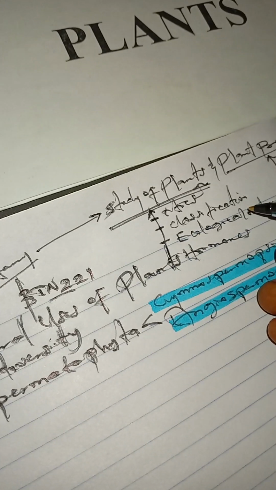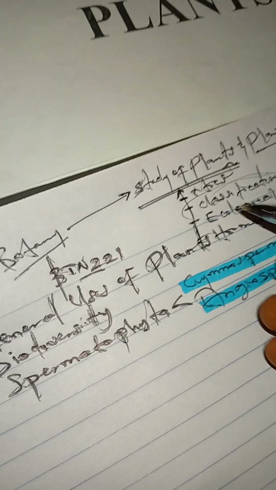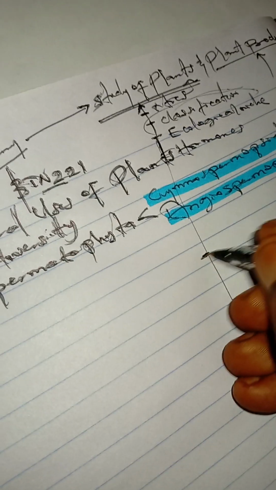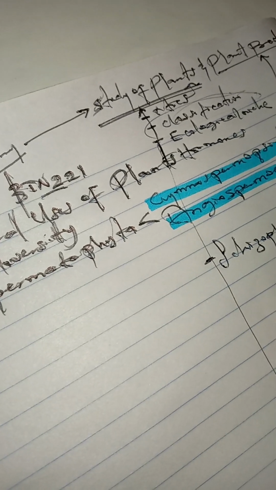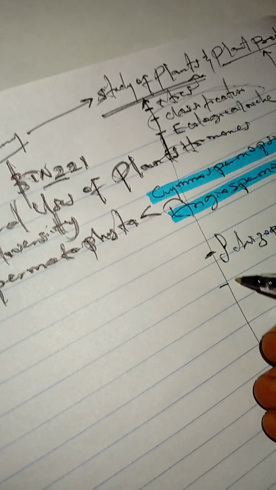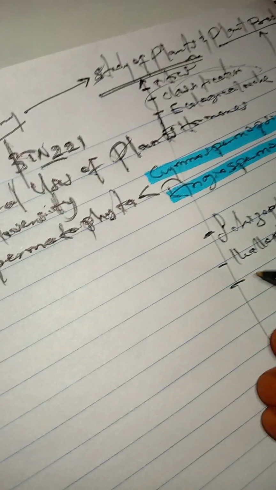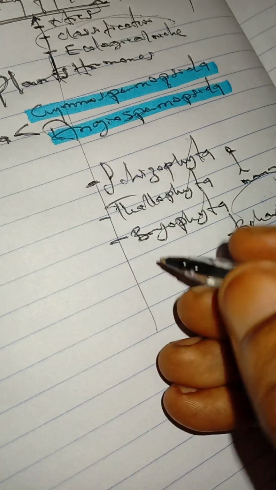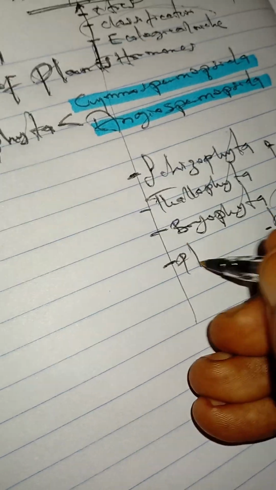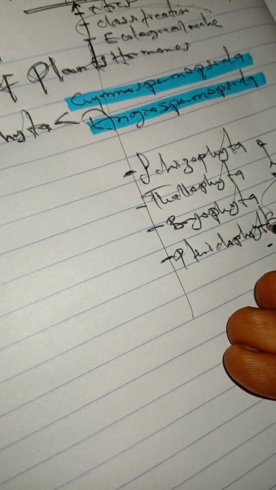Now, the factor that concerns classification of plants, which is among the essence of what we are looking at in this course. Classification of plants here, majorly we begin from the schizophyta, we move to the thallophyta, then we move to the bryophyta. From bryophyta, we move to the pteridophyta.